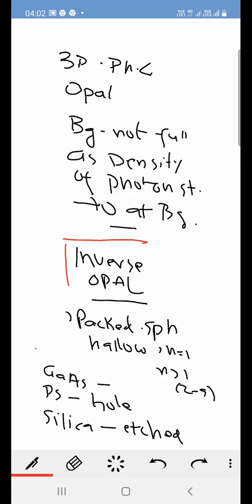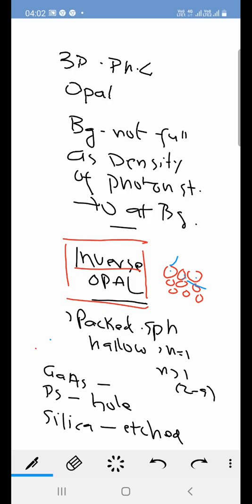So the basic concept is that when you are dealing with a 3D arrangement of polystyrene spheres and you would like to make an inverse, you somehow need to replace these polystyrene spheres with holes. That means you need to put something in between where there was initially air. You need to increase the refractive index of that medium, whereas you need to decrease the refractive index of the polystyrene sphere medium.